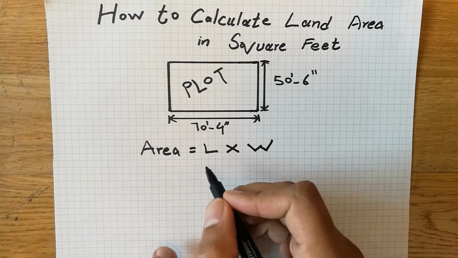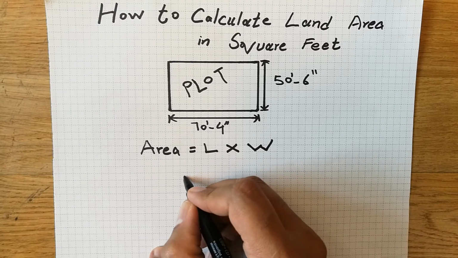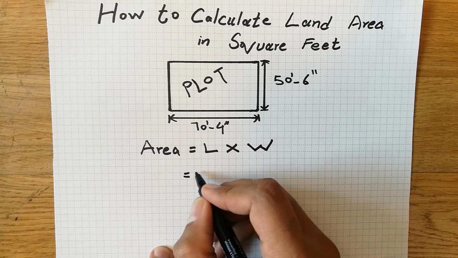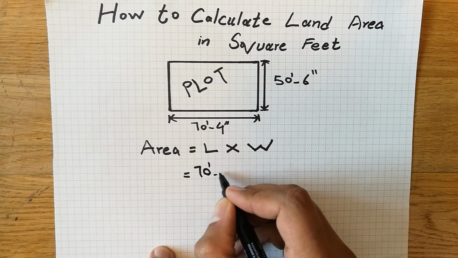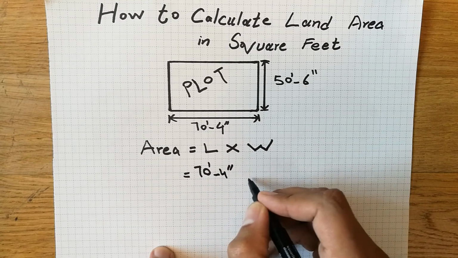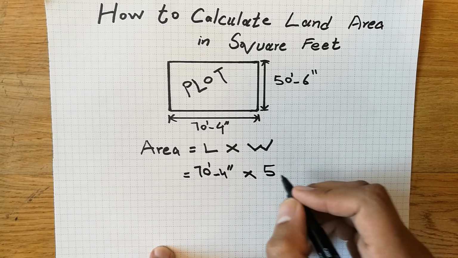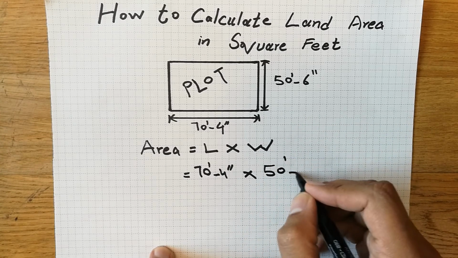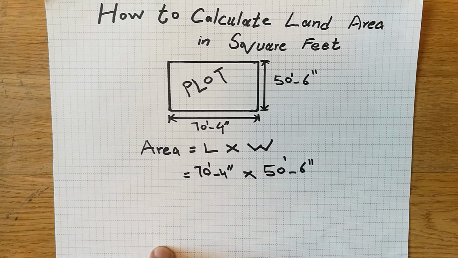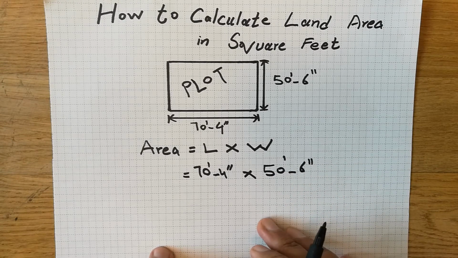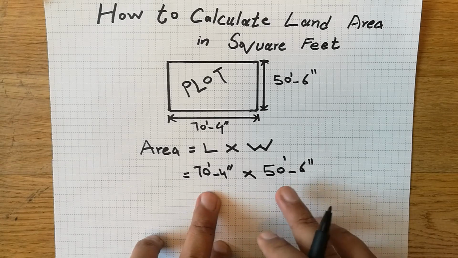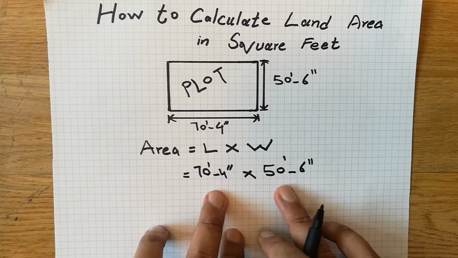Now we will put the values here. The value for length is 70 feet 4 inches, and we multiply with width, which is 50 feet and 6 inches. Okay guys, now there is a tricky part which I want to show you.